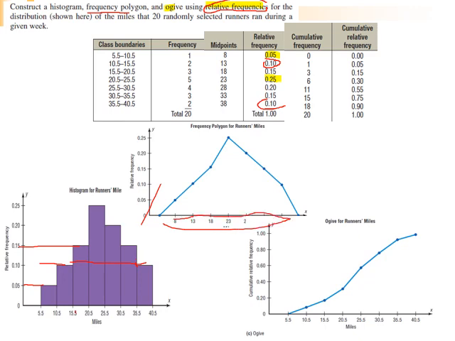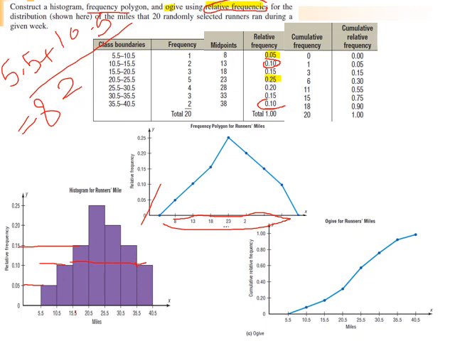For the first class, with values from 5.5 to 10.5, we can calculate it directly using the rule for the midpoint, which is the upper limit plus the lower limit divided by 2, so equal to 8 for the first class, and for the second class 10.5 plus 15.5 divided by 2, equal to 13, and so on to the final class.